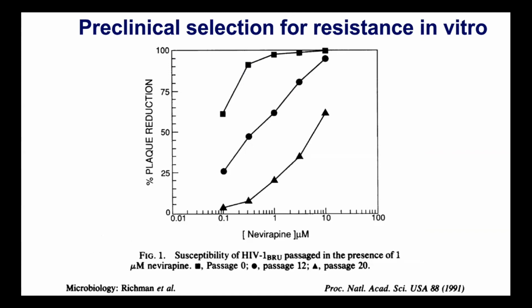And what we did in our lab, once we knew that drug resistance readily emerged with AZT, the nucleosides, was look at the non-nucleosides in cell culture and showed that the potency of the drug with multiple passages just in a petri dish, the virus became progressively more and more resistant to nevirapine.